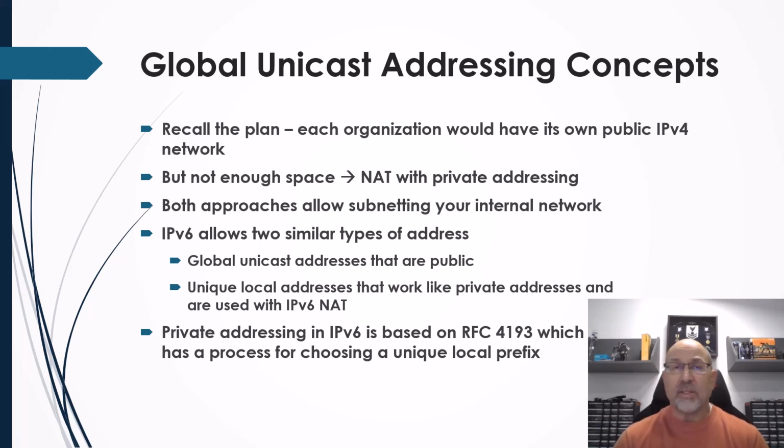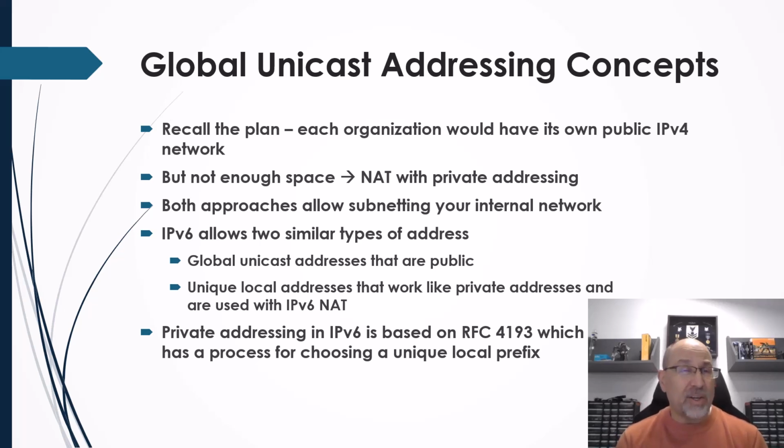Well, it turns out that a similar idea exists in IPv6. You can have globally unique address space, and you can subnet that up to your heart's content, or you can have a unique local prefix and then subnet that to your heart's content. The only difference is that unique local addresses also work with network address translation.